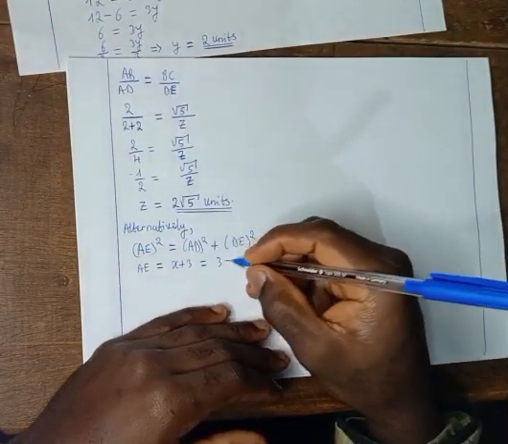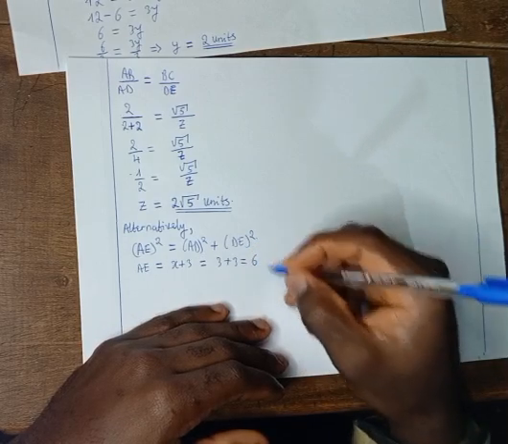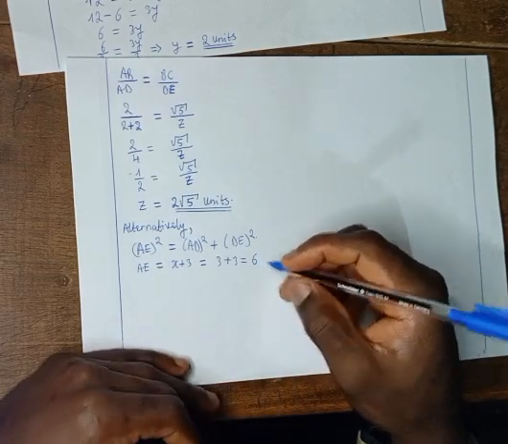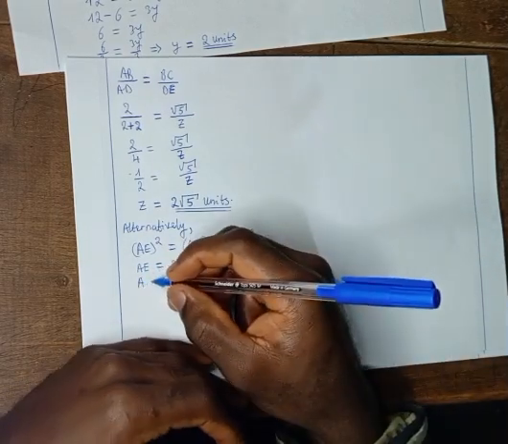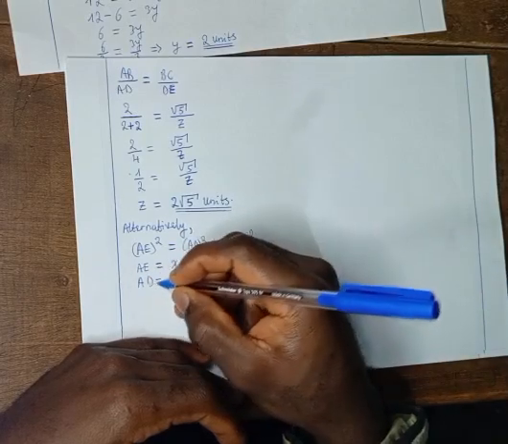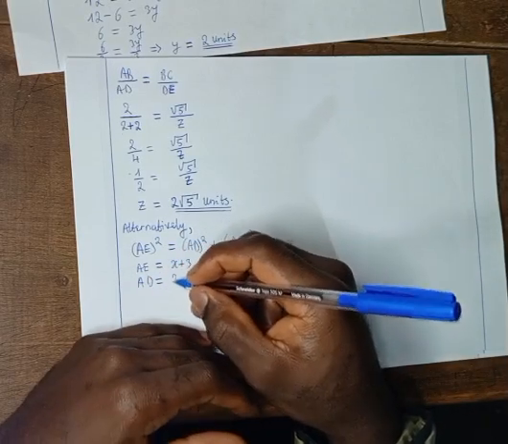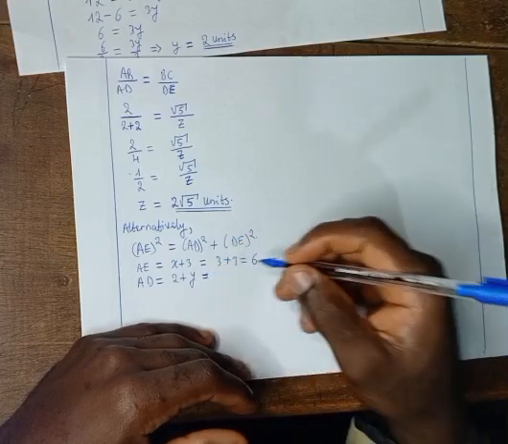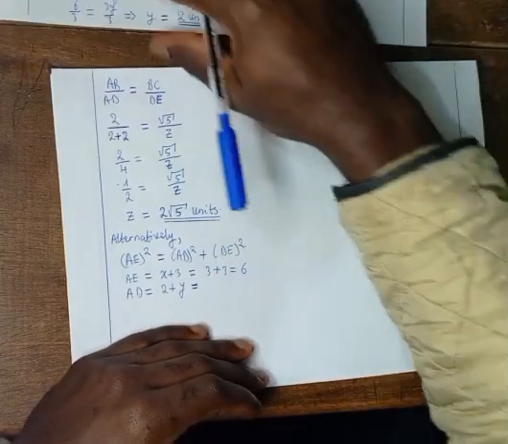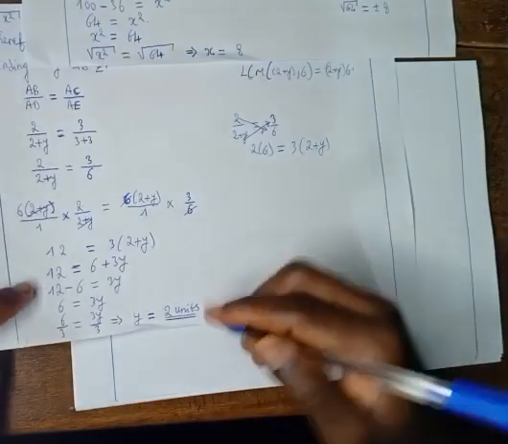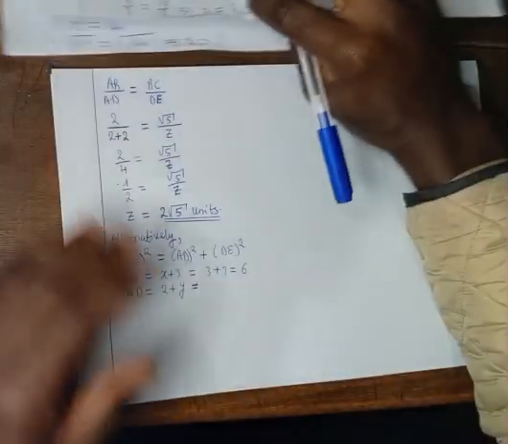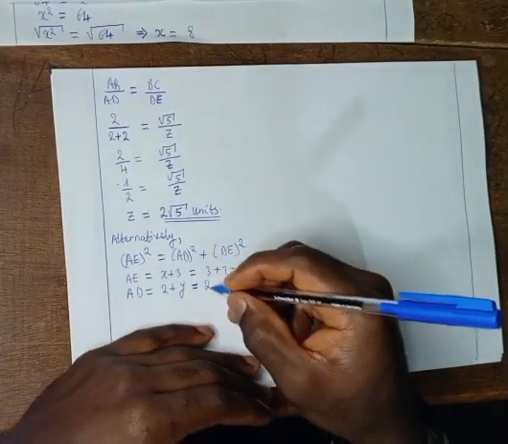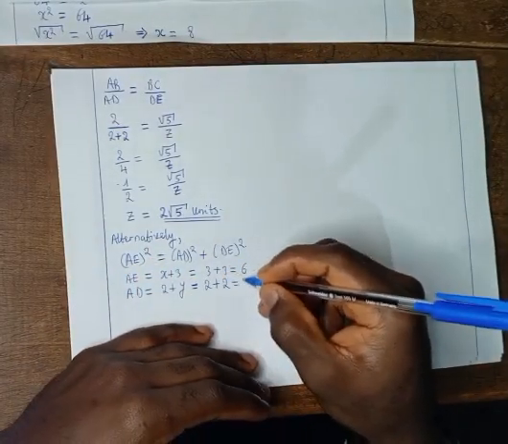So this will give us 3 plus 3, which is 6. Then we know AD is equal to 2 plus y. Just from calculating y, we had y as 2 units. So this will simply give us 2 plus 2, which is equal to 4.